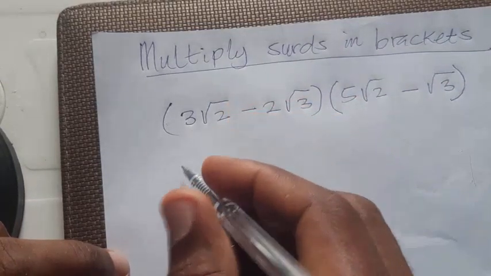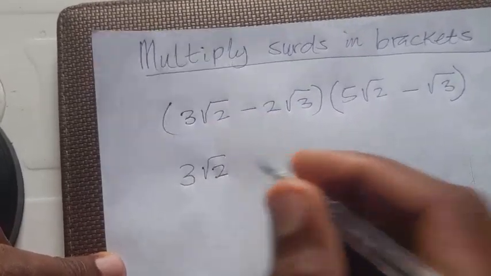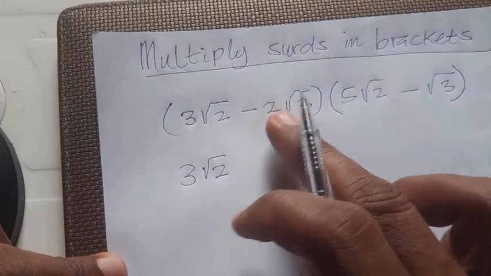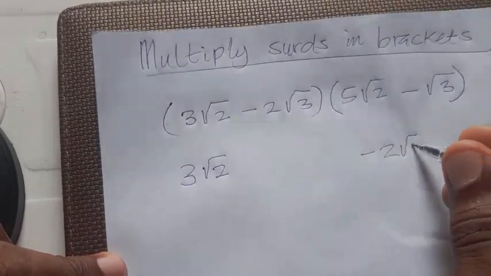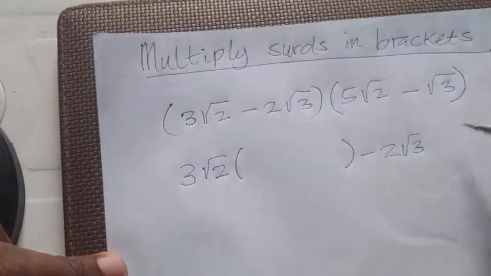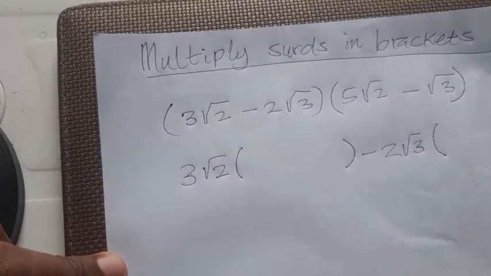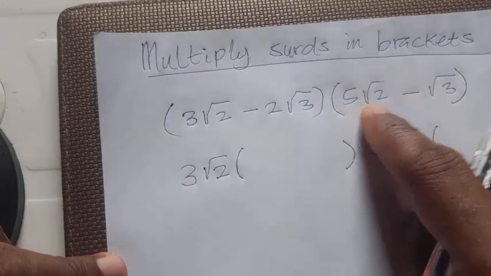Now, in the first bracket, we have 3 root 2. So we have 3 root 2. And then beside that, we have minus 2 root 3. So I'll put minus 2 root 3 here. Now, we're going to put the content of the second bracket in the openings. So the second bracket contains 5 root 2 minus root 3.